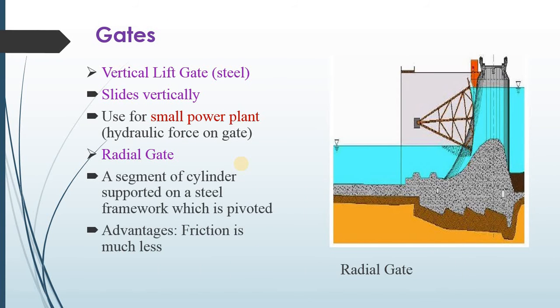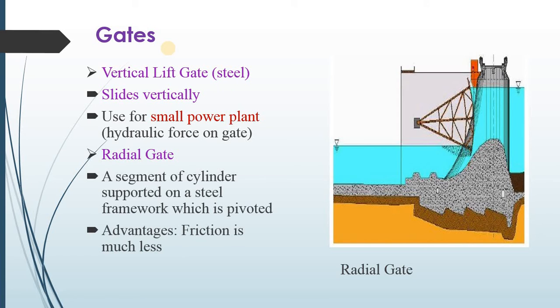Now let us discuss the gates. The gates are required for opening and closing according to the water level conditions. There are different types of gates. Let us see them one by one. It is the vertical lift gate. Normally it is made of steel and it slides vertically, like the shutter of any shop.